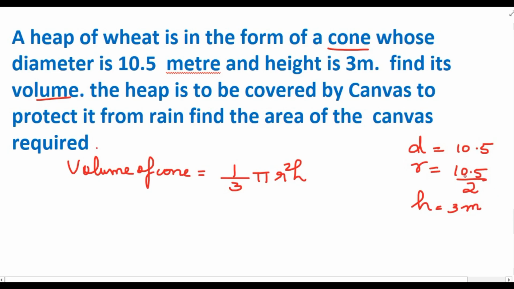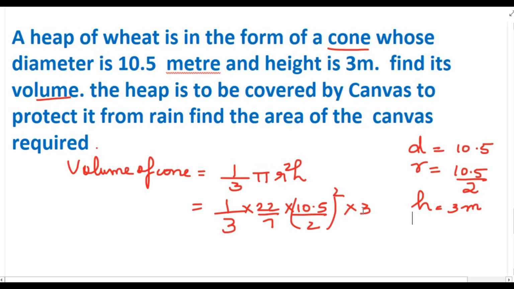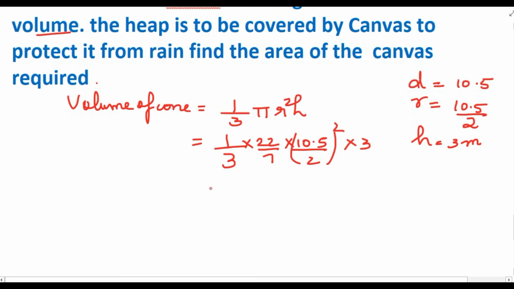Both are in meters only. Now we need to substitute 1 by 3 into 22 by 7 into 10.5 by 2, the whole square into 3. When you simplify this, we'll have the value 86.625 meter cube. Since it is volume, we have to write meter cube.